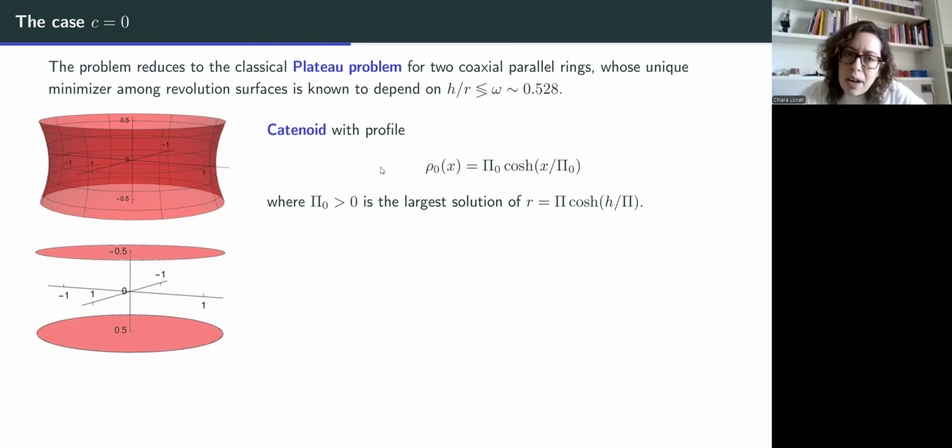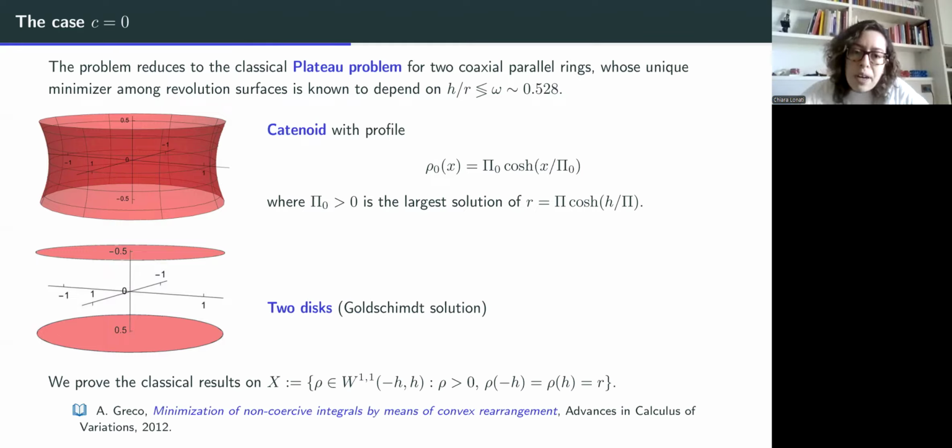It is also classically known that when we solve this equation, we have two solutions, so we have two catenaries, one will be unstable and one will be stable, and this is precisely this one. On the other side, if h over r is greater than omega, we know that the unique minimizer is the two disks, the Goldschmidt solution, even if the catenary still exists, because it exists just when h over r is less than 0.668.